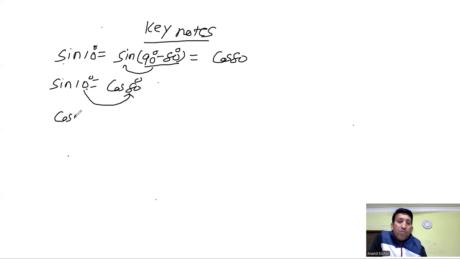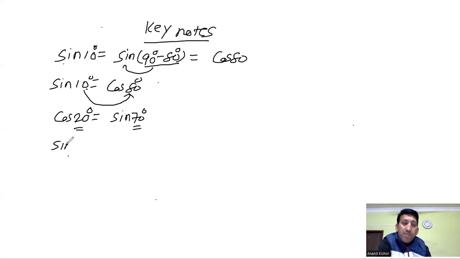If I say cos 20, directly it is equal to sine 70 degree. For JEE Mains and some competitive examinations, we have to remember directly cos 20 is sine 70. Why? Because 20 plus 70 is 90, so both angles are complementary.